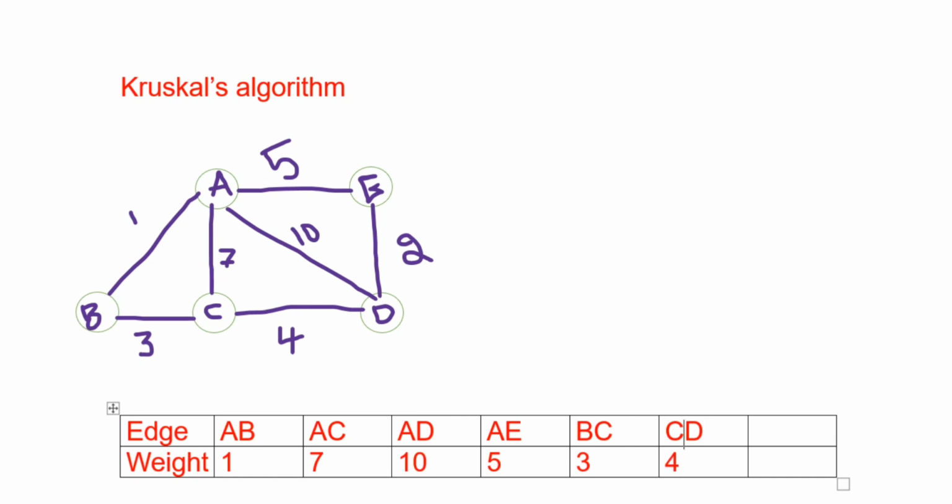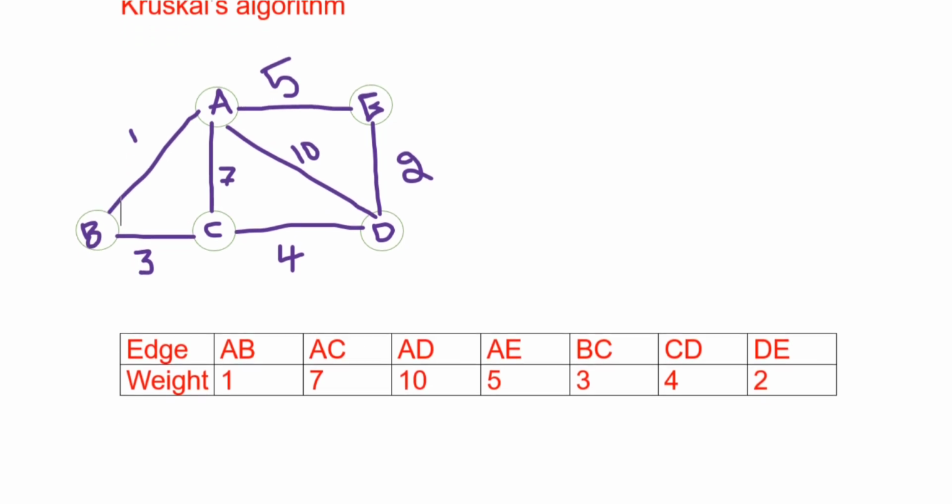I take one graph. A to E weight is 5, E to D weight is 2, A to B weight is 1, A to C weight is 7, A to D weight is 10, C to D weight is 4, and B to C weight is 3.